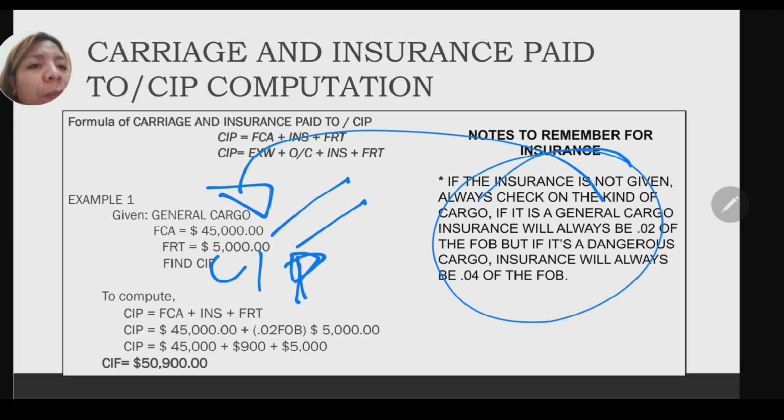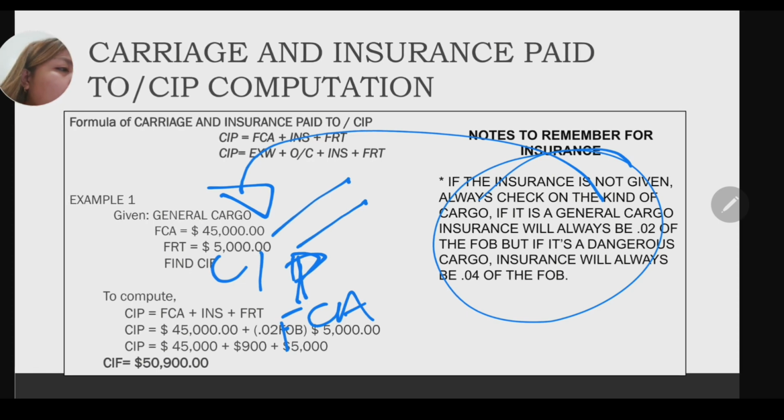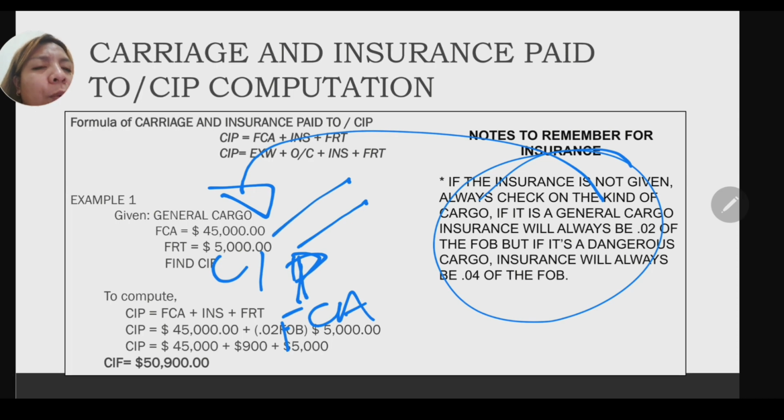So we just need to multiply your FCA by 0.02 since it is a general cargo. But if it's a dangerous cargo, we're going to multiply your FCA by 0.04. When you compute 45,000 multiplied by 0.02, you'll get 900 US dollars for your insurance.